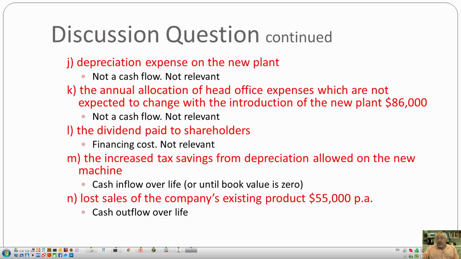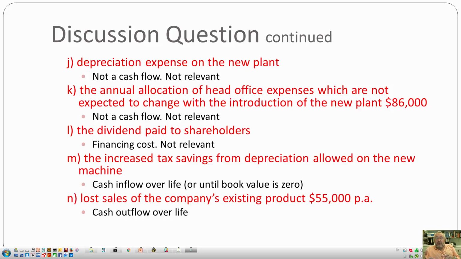They may have still been spent anyway. The fact they're reallocating them differently to different plants and different projects does not change the amount that's spent. So allocated head office expenses, if those expenses are going to be incurred anyway, they're not incremental because of the project, they're A, not a cash flow, and B, not relevant.